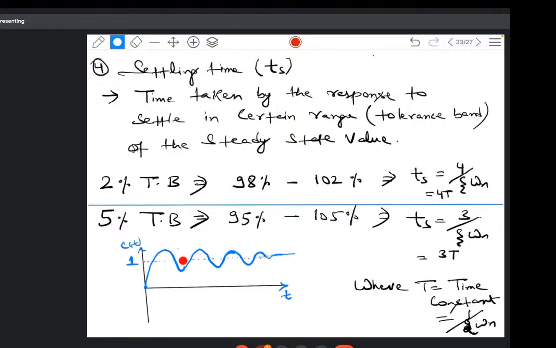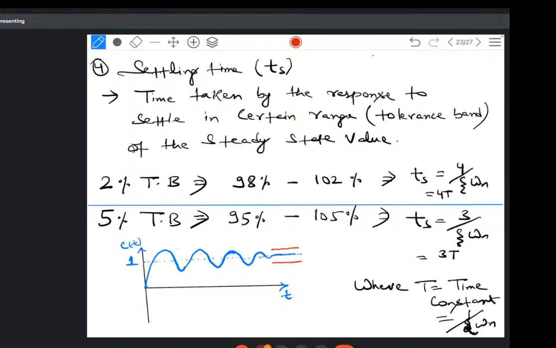Now about this state, I am considering a tolerance band. So one tolerance band will be like this, another tolerance band will be like this. So I'm considering a range.